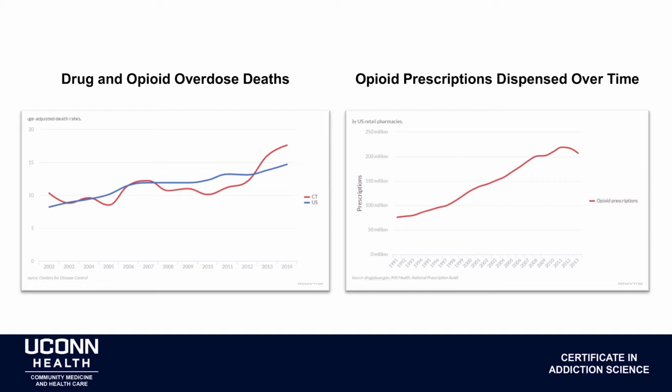And here's a chart that shows the number of prescriptions that have been prescribed during this period. There has been a recent reversal, and we can expect with greater limits on availability that there will be a reversal of the drug epidemic.